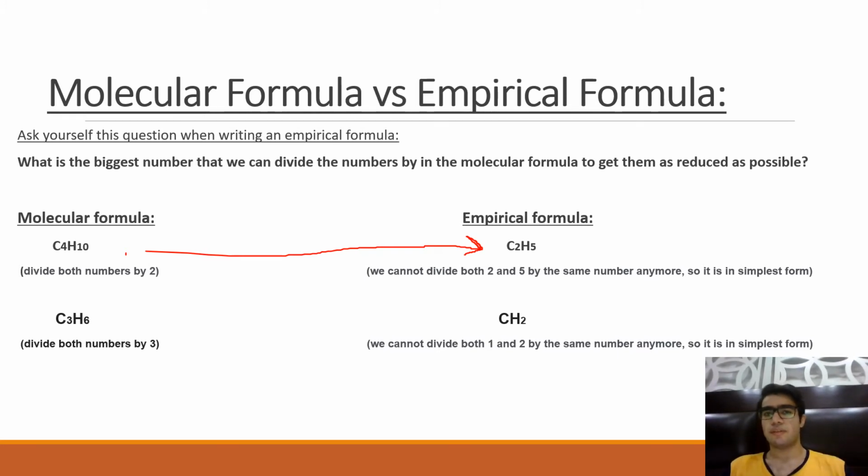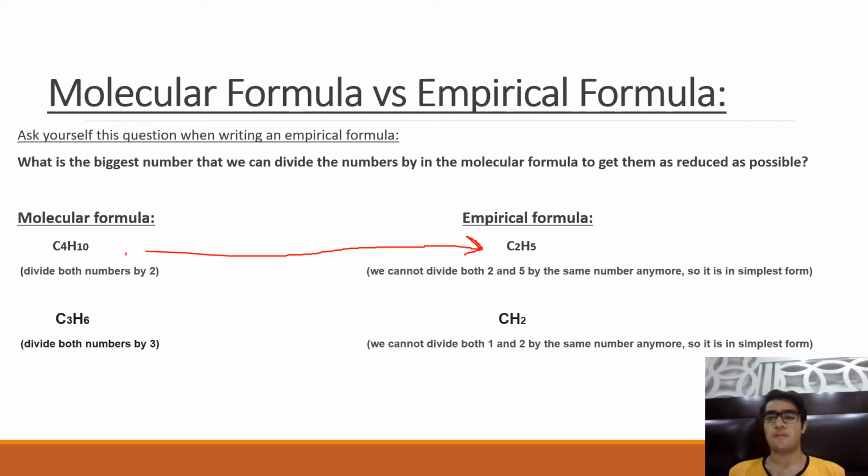C2H5 is the empirical formula. We cannot divide 2 and 5 by the same number anymore; they do not have a common factor now. So it's in the most reduced or most simplified form. This is called the empirical formula, okay?